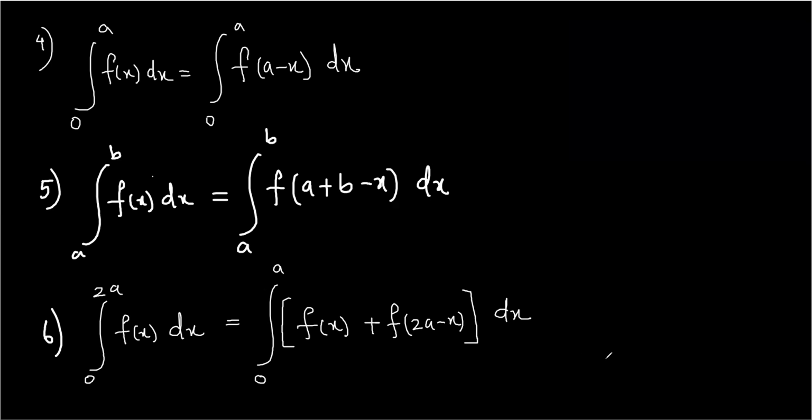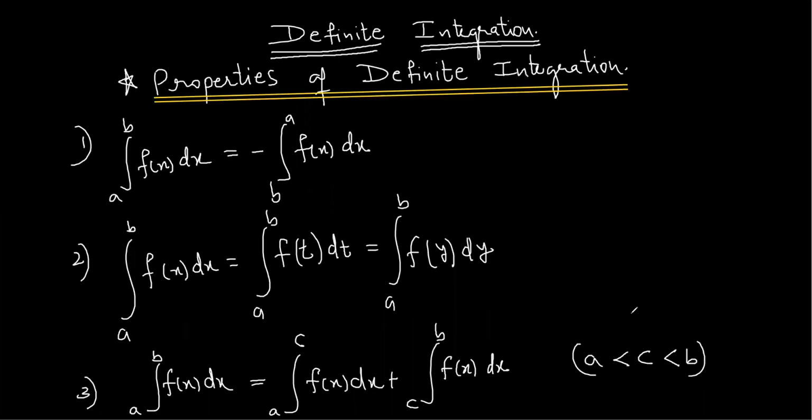Then we have the property for even and odd functions. The seventh one is the property of even and odd functions. I shall tell you that in a short while.